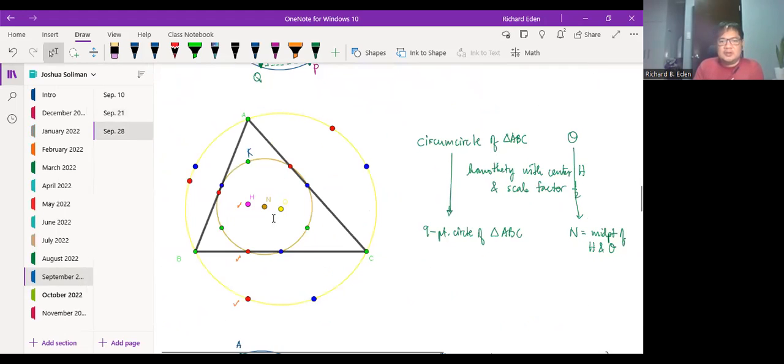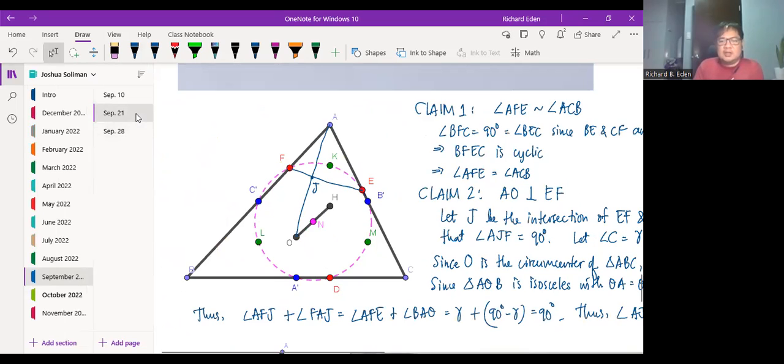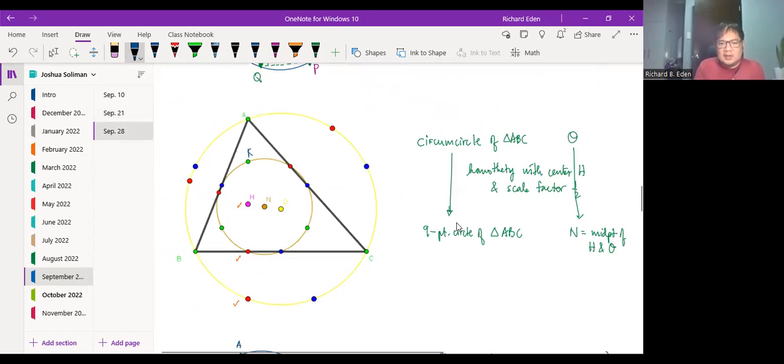So wait, E nung nandun sa AC. Yung blue is nung midpoints eh. Anong kulay po yan? Red? So red. Mga red po na points sa labas. So the center of homotity is H.